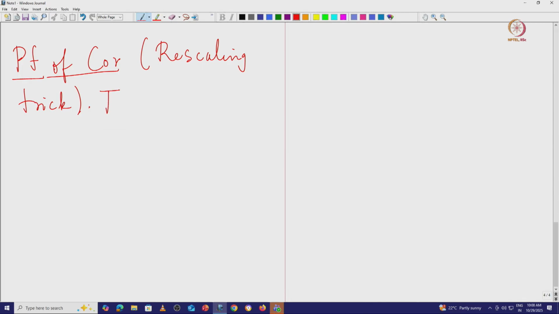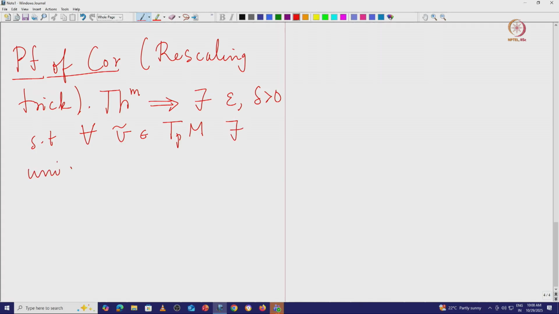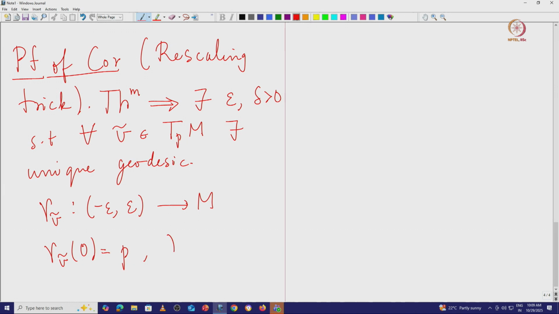So, the theorem implies that there exists epsilon and delta such that for all short vectors in the tangent space at P, there exists a unique geodesic gamma v tilde from minus epsilon to epsilon such that gamma v tilde at 0 is P and gamma v tilde dot at 0 is v tilde.